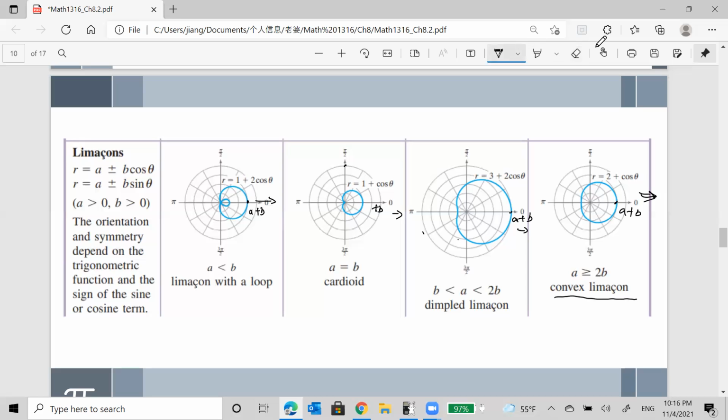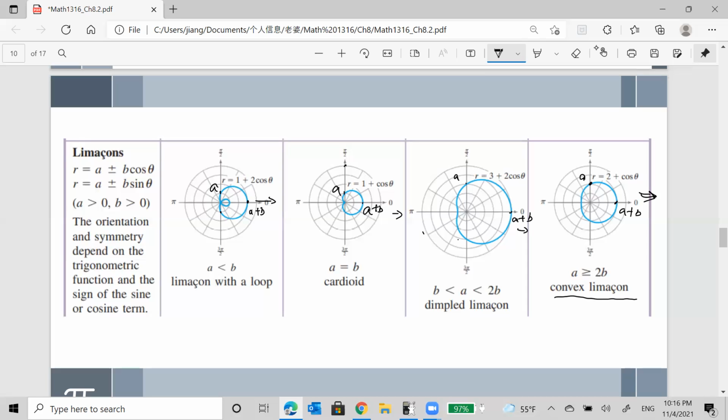I think I erased some important information. This point is always A plus B, and the point here, this intersection, is A. The distance from 0 to here is A. So here is A, here is A, and the distance from here to here is A. And what else?